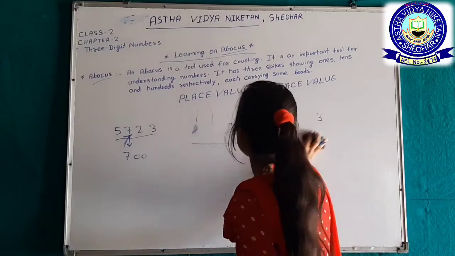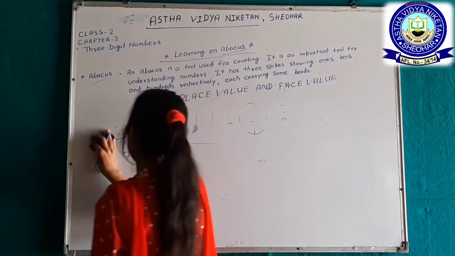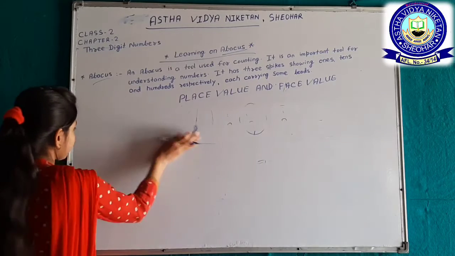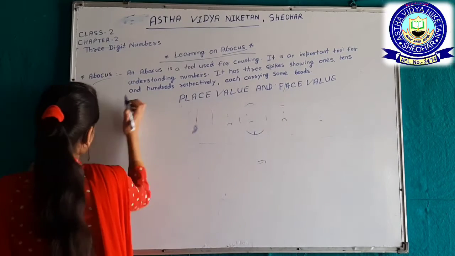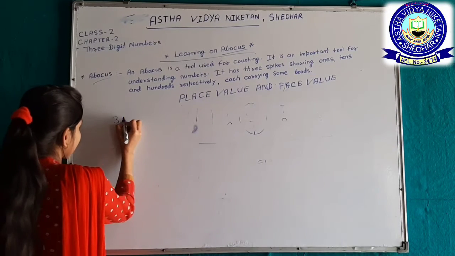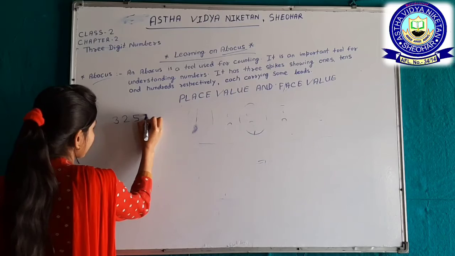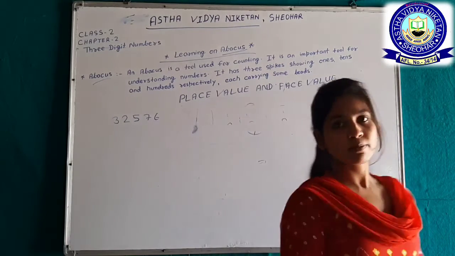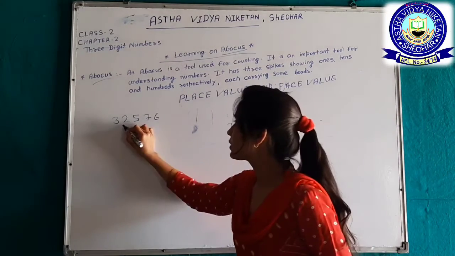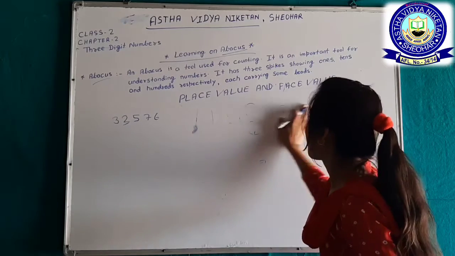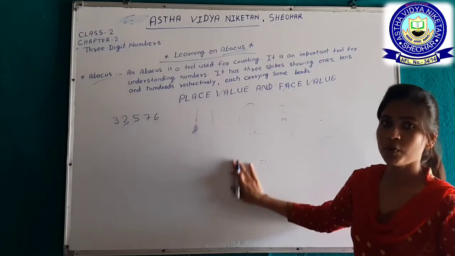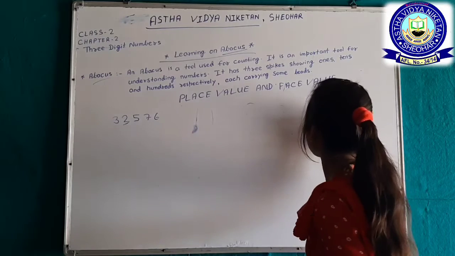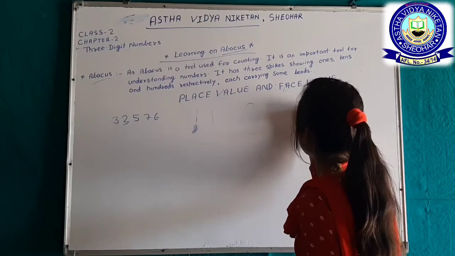Let's see another example. Here are some digits and you have to find out the place value of 2. To find out the place value, first of all you have to draw a place value chart or table. This is our place value chart.